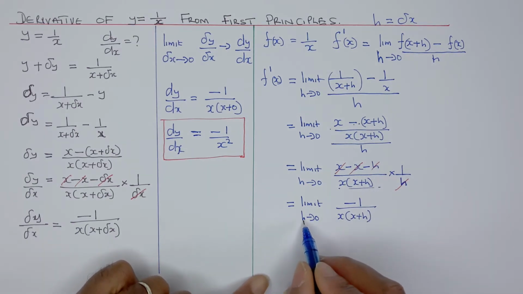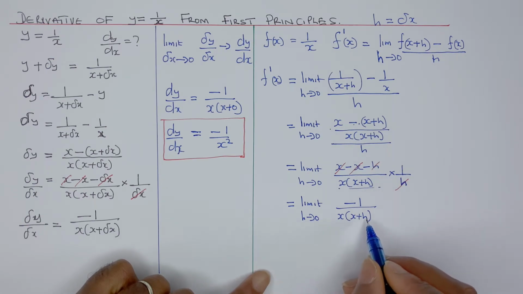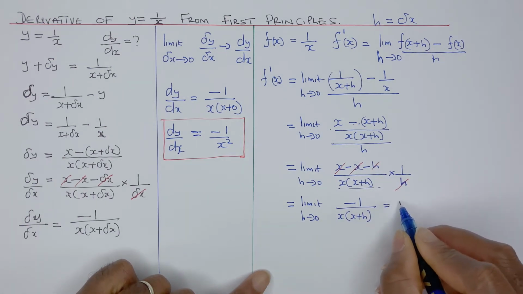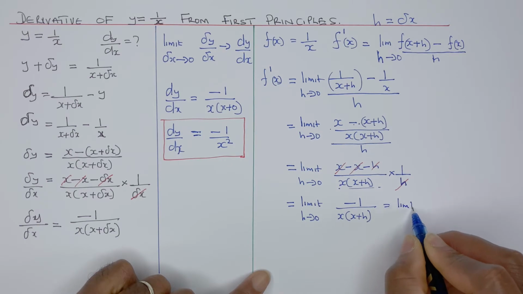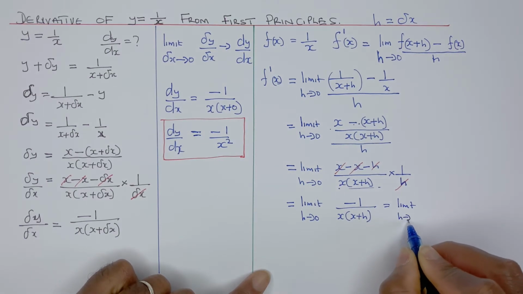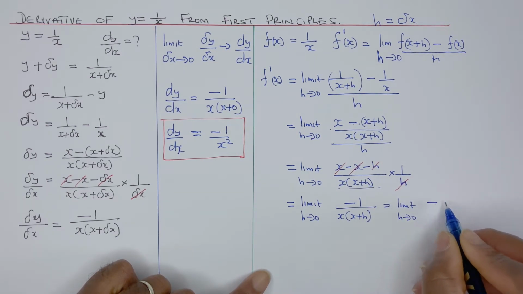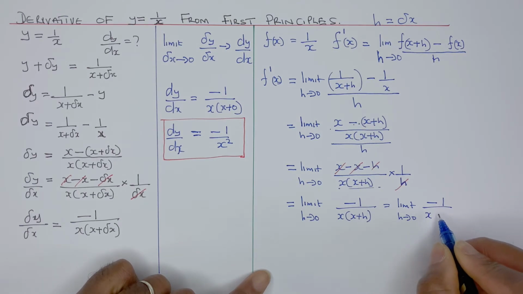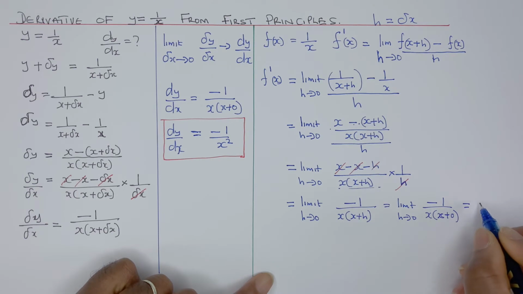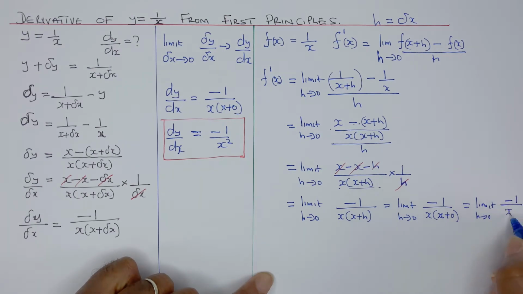Now, in the limit as h tends to 0, that will become limit h tends to 0 of minus 1 over x into bracket x plus 0, and that will become limit h tends to 0 of minus 1 over x squared.